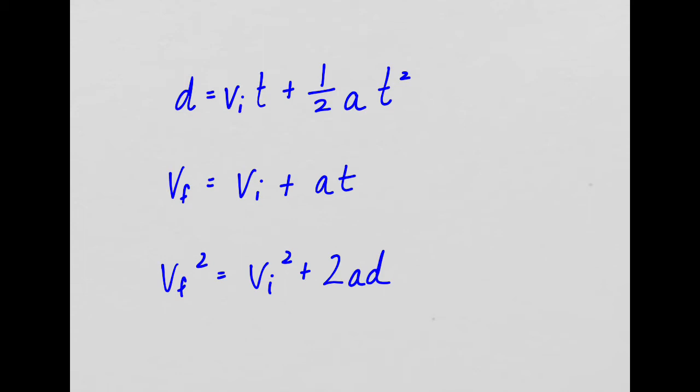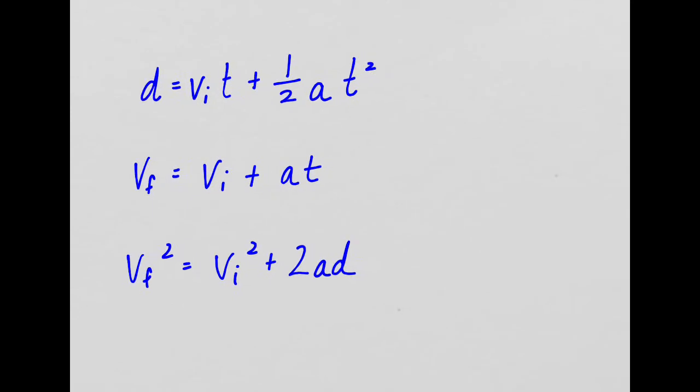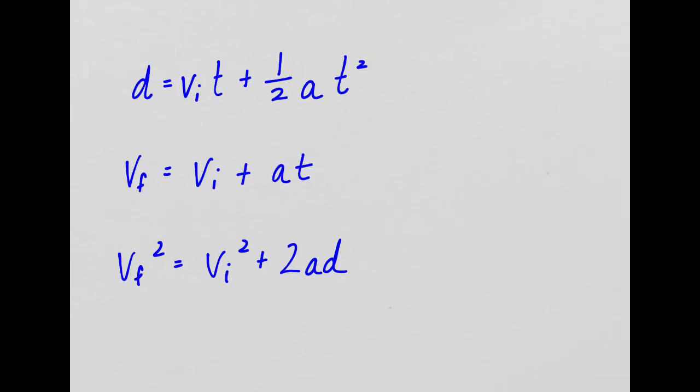So we can actually use these kinematic equations to describe the horizontal motion and the vertical motion. But we're going to have two distinct sets of equations because our horizontal motion and our vertical motion are independent of one another. So let's do our horizontal first. For horizontal motion, instead of d here, I'll have x.